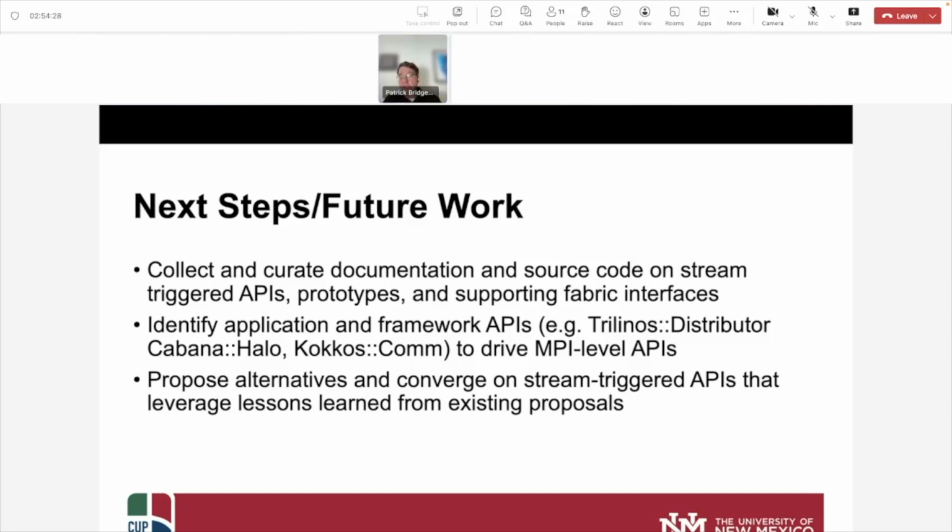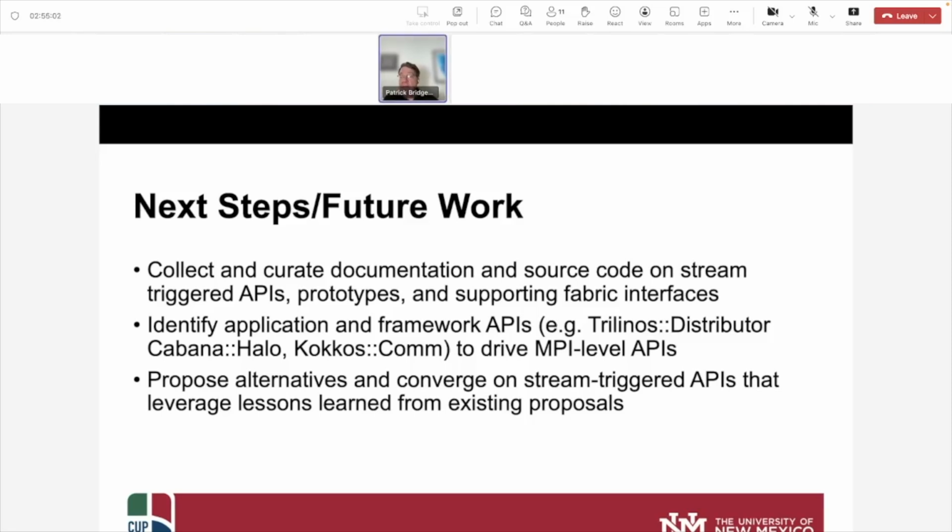Another thing that we don't really have are good applications and frameworks, things like halo exchange abstractions, Kokkos or RAJA or OpenMP communication abstractions that people want to use to drive the MPI level APIs. To some degree, we're programming and specifying APIs to the ether and hoping somebody likes what we propose, as opposed to saying, here's what applications need for stream triggering, so here's what we should do.